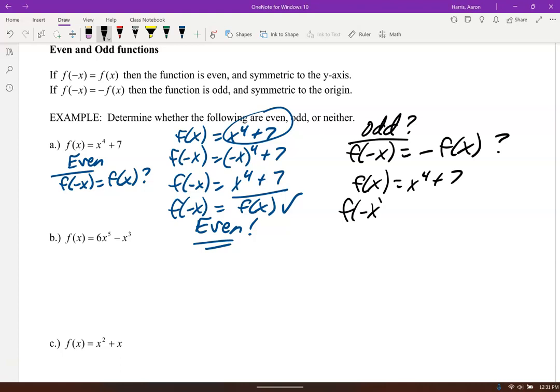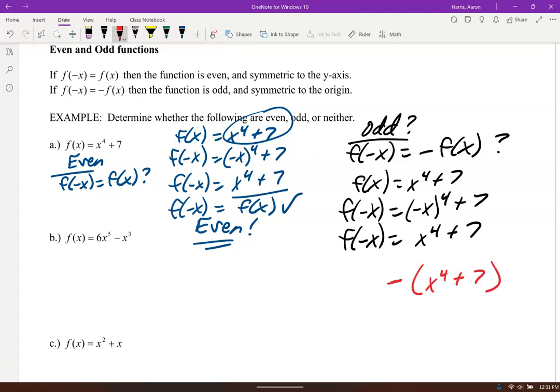You plug in negative x. And you see what you get. And did you get negative the original function? No, we did not end up with that. We ended up with the original f of x. So it's not odd. This one was even, right?